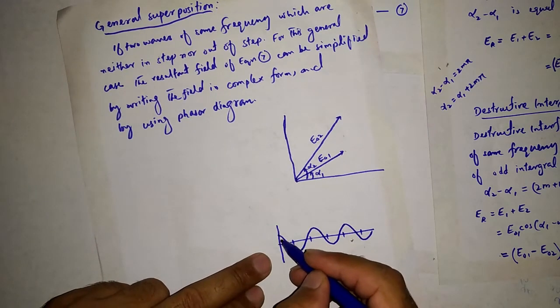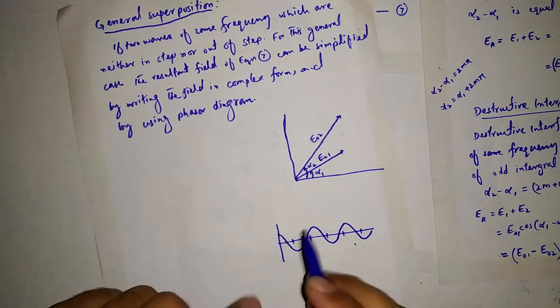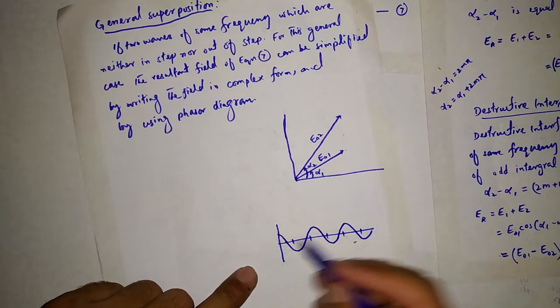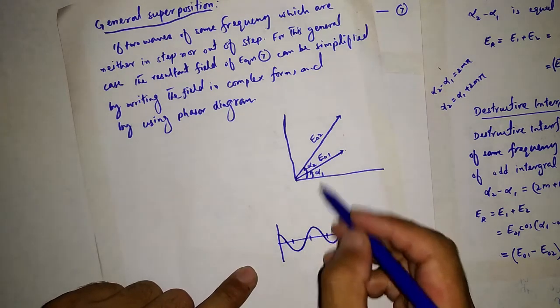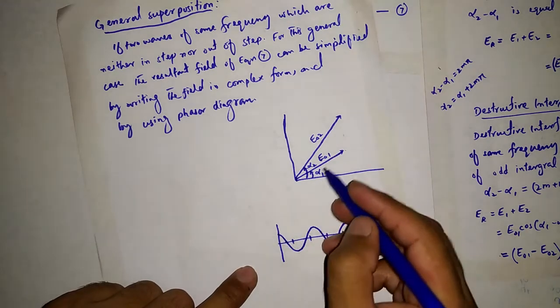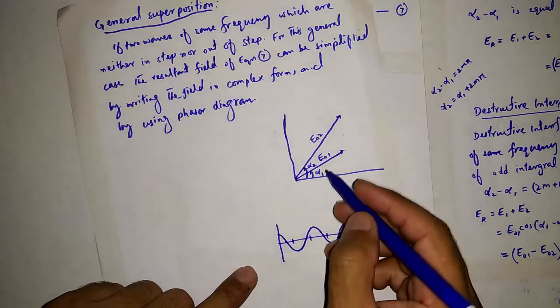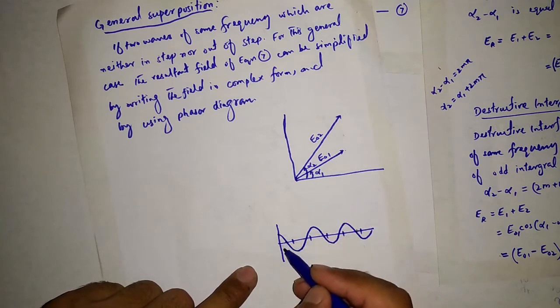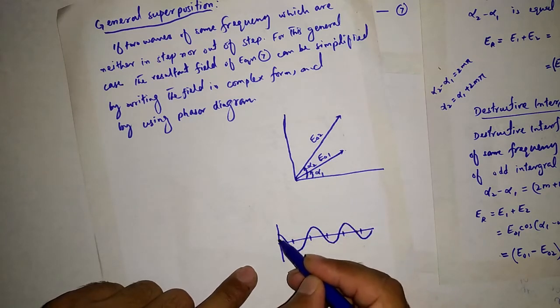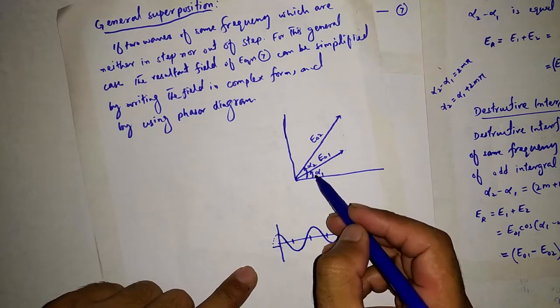So this wave has some phase, and that phase is given by alpha 1. Clear? And it has an amplitude E01. So in the phasor diagram, the phase is given by alpha 1. Clear?